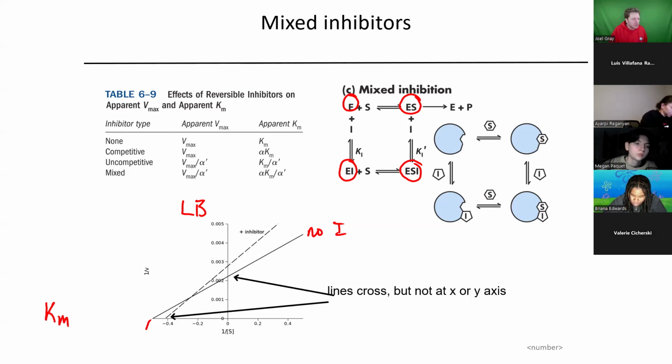In the absence of the inhibitor, I'm going to call this negative 0.5. I'm going to do the calculation to figure out my Km in the absence of the inhibitor. I want you to do the Km calculation in the presence of the inhibitor, so use that negative 0.4. We'll just report to the chat whenever we get them.